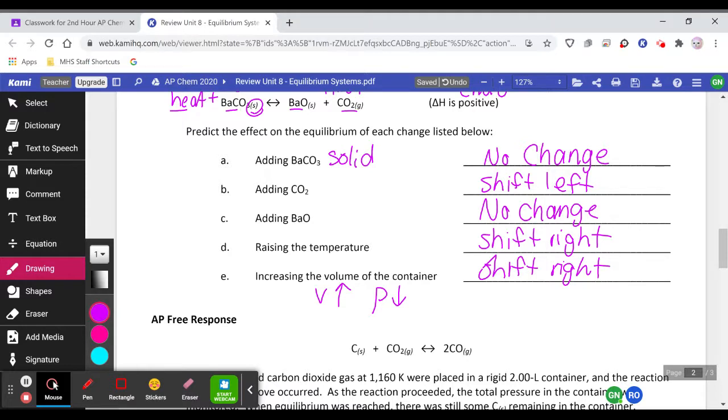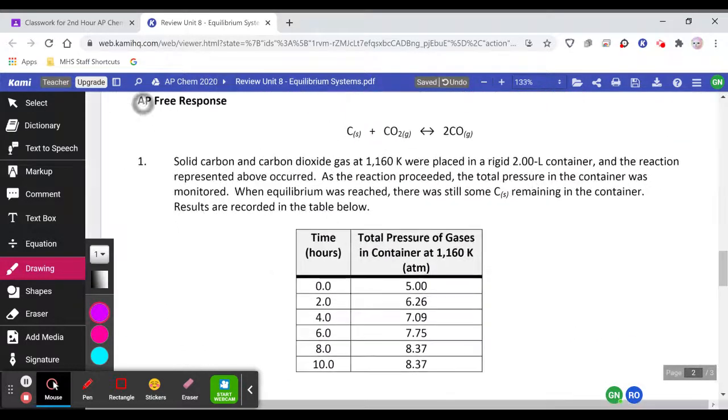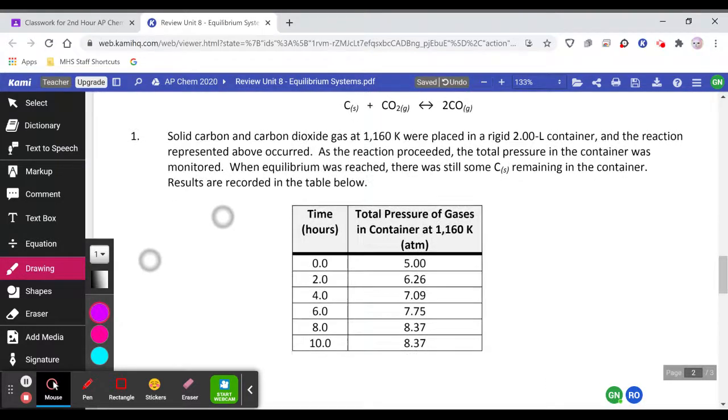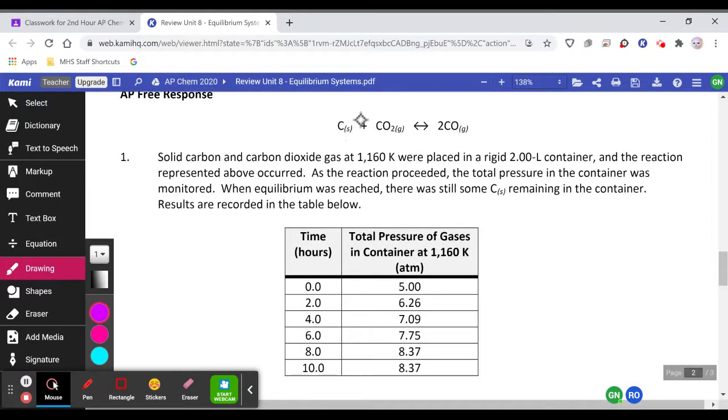I believe that's it for the actual unit stuff. No? Well, no. Now we have some AP free responses, but they are part of this unit. So let's look at those. Okay, we have our reaction. We have a table. The first thing I saw with that reaction is I see a solid. We have that carbon graphite. I'm going to cross that out.